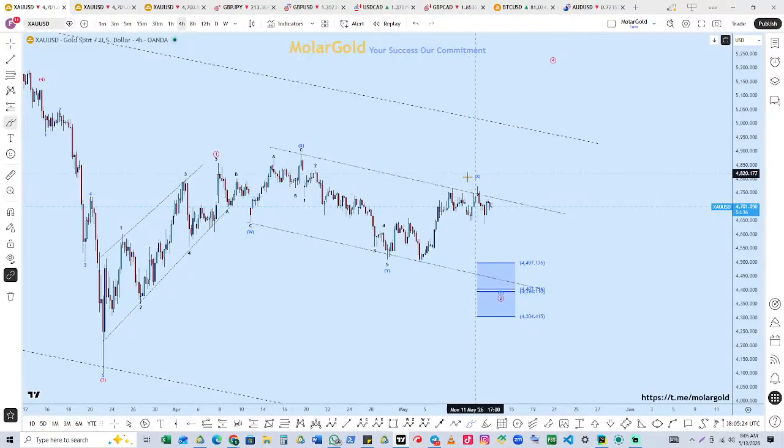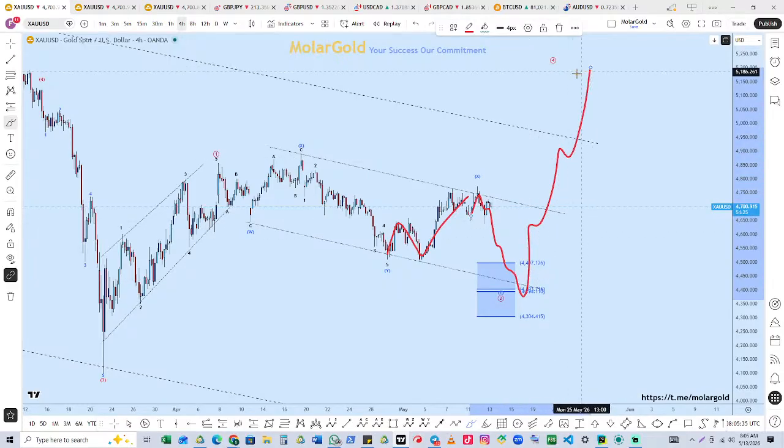I said that this move can actually trigger the price dropping all the way before going back.